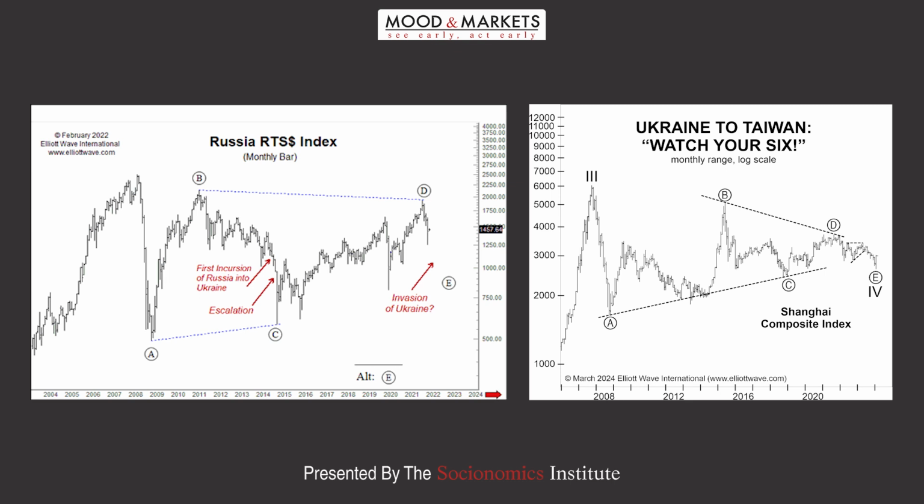Well, of course, a conventional analyst, Robert, could probably point out dozens of differences between China and Russia in terms of their economic fundamentals, the geopolitics of their respective regions, and so on. But socionomically, this similarity in the market patterns is noteworthy. The present juncture in the Shanghai Composite indicates a window for a period of increased conflict risk.